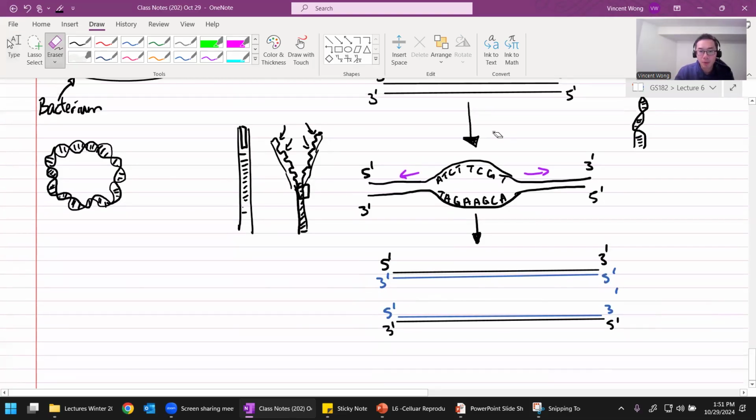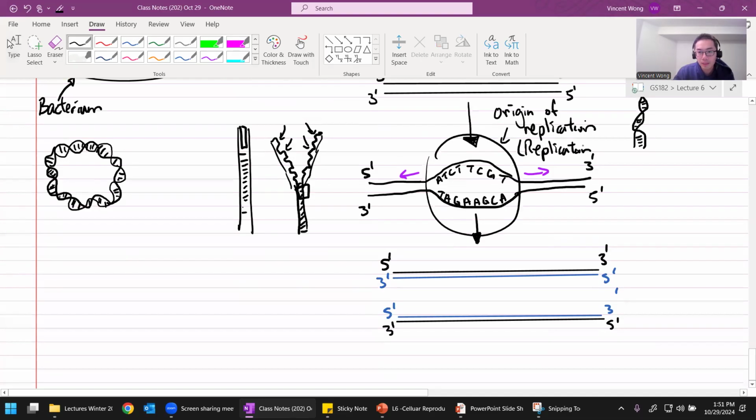Now, this bubble here that we create is called the origin of replication. And it's also called the replication bubble.